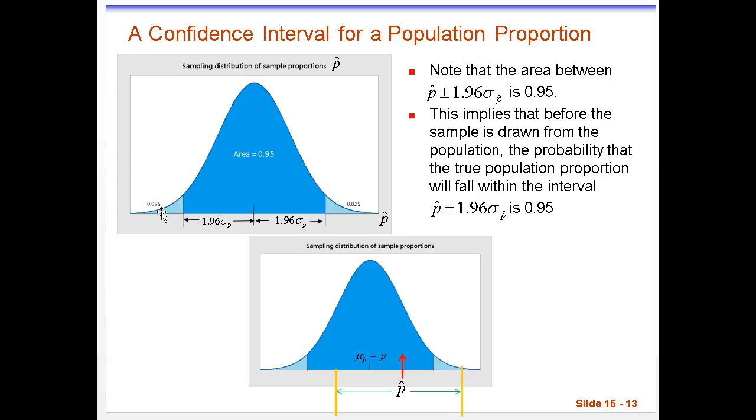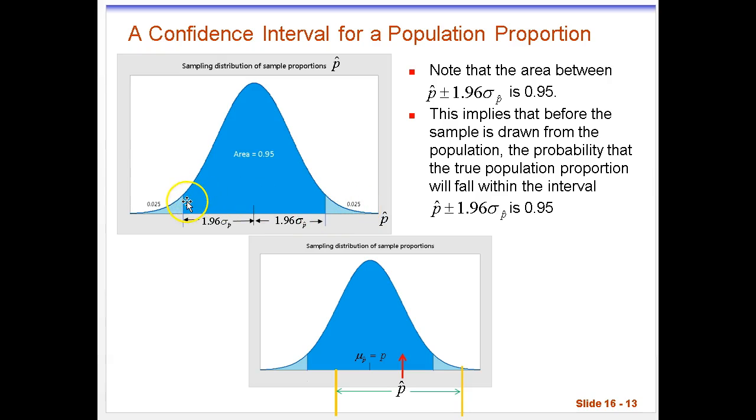Now, because the normal distribution is symmetric, if I've got an area of 0.025 to the left of negative 1.96, I will also have an area of 0.025 to the right of positive 1.96. And if I add these two areas together, 0.025 plus 0.025 gets me 0.05.